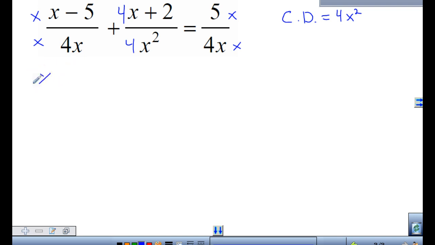So is this the next step? x squared minus 5, is that correct? No, why not? Yeah, multiply by x, right? x squared minus 5. What is wrong with this? You need parentheses. Once again, if it's going to be a mistake, it's parentheses or negatives.